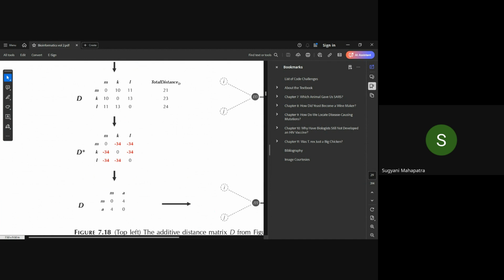Here it has been named A, and you calculate the distance between M and A. A is formed by connecting K and L, so you take the average. M to K is 10, M to L is 11, right? So 10 plus 11.